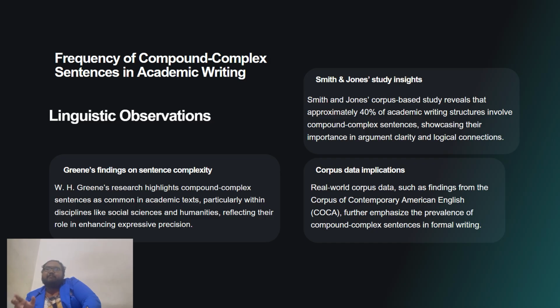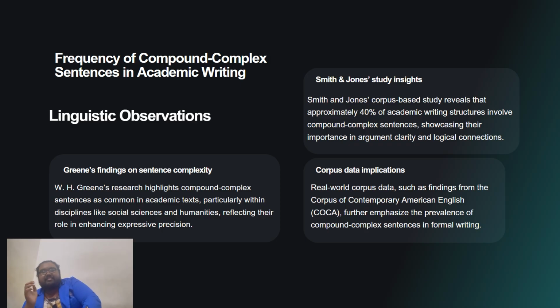Frequency of compound-complex sentences in academic writing. Linguistic observation: findings on sentence complexity. W.H. Green's research highlights compound-complex sentences as common in academic texts, particularly within disciplines like social science and humanities, reflecting their role in enhancing expressive precision.